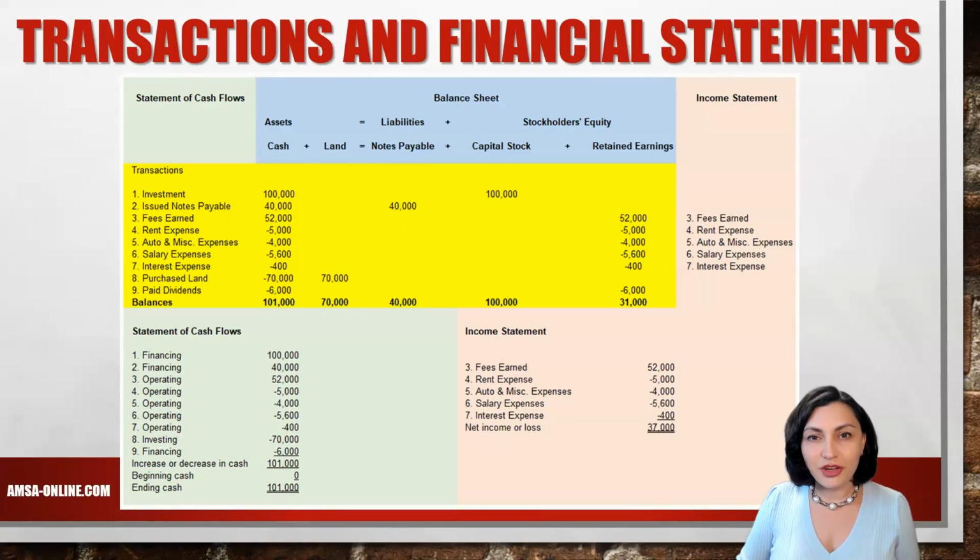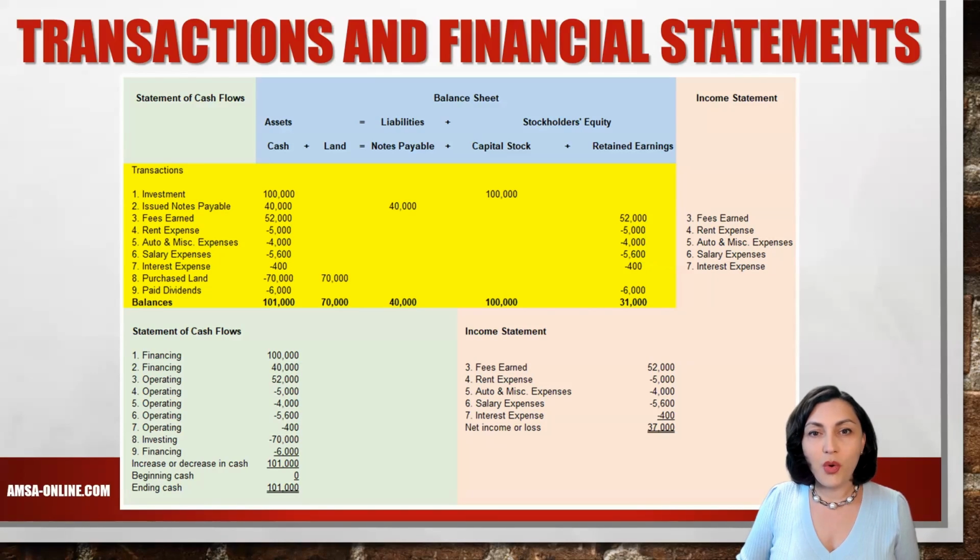By adding cash inflows and deducting cash outflows from all the activities, the net increase in cash for the month is $101,000, the same amount as the ending balance since it's the first month of operation. The ending cash balance under the Statement of Cash Flows column of $101,000 equals the cash balance under the balance sheet column of $101,000.